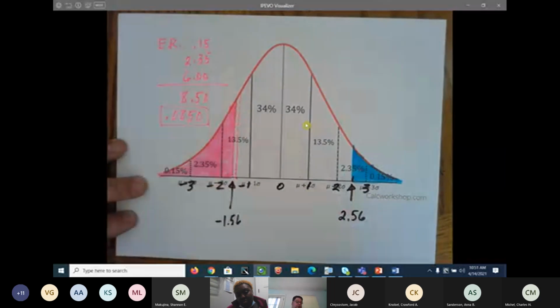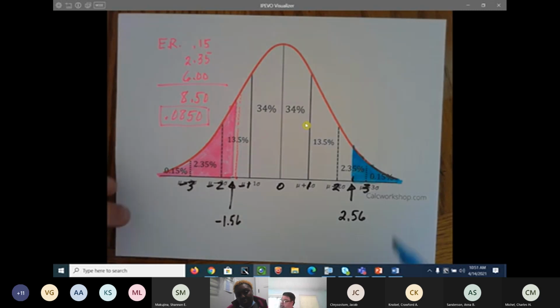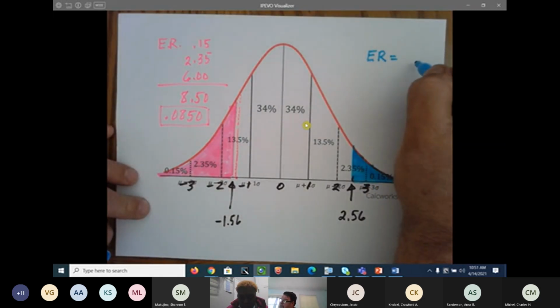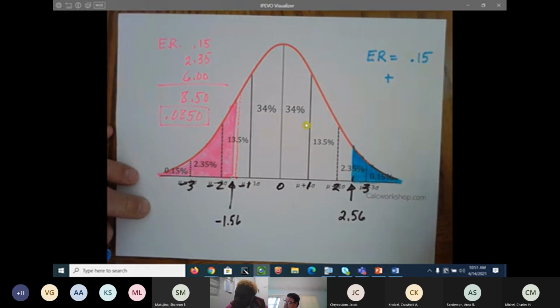Now let's do the blue. The blue empirical rule estimate, 0.15 plus, well, this is about, what's half of 2.35? 1.17.